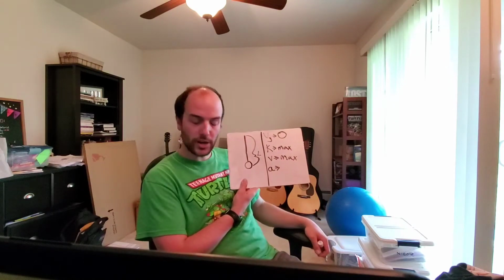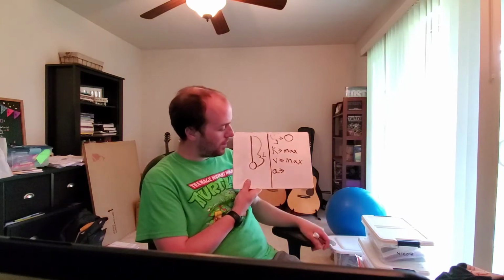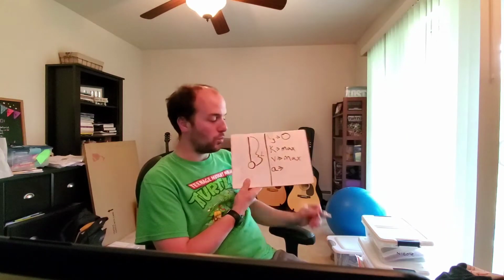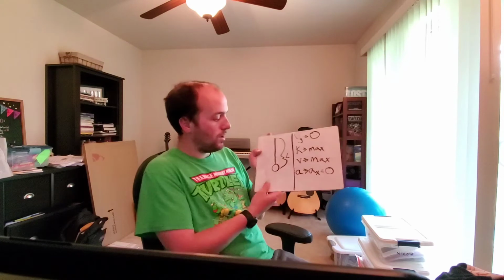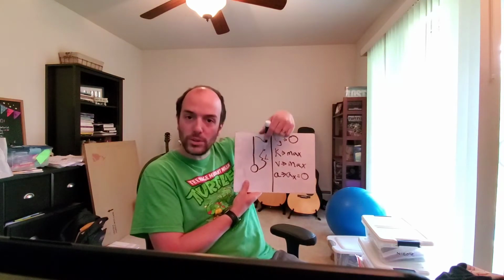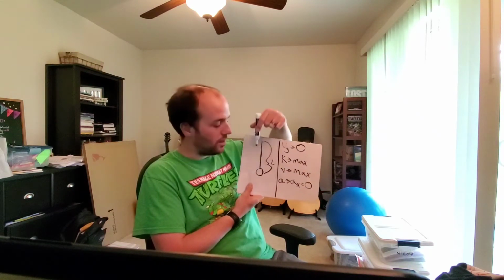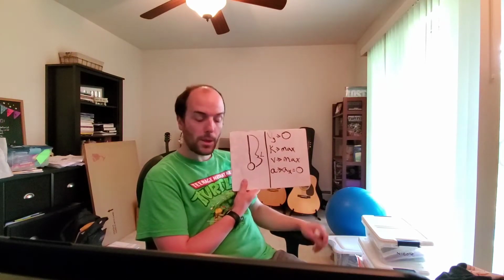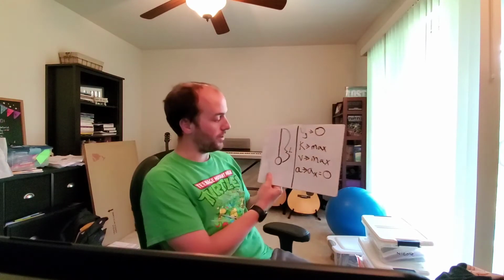Now, for a pendulum, this bit's going to become a little bit trickier. Let's talk about the acceleration at equilibrium. Horizontally, a sub x, it is 0. There are no horizontal forces acting on the object when it's at equilibrium. But there are vertical forces. If I were to draw a free body diagram for that object, I would see there's a tension force up and a gravity force down.